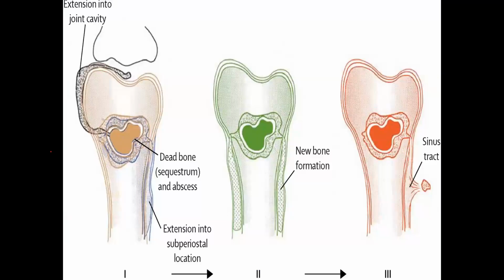This slide I like because it shows the route in which pus can go to the knee on the left. One in green, you see that it can go to the subperiosteal region, and in 3, the periosteum can be perforated, and you'll end up having a sinus tract.